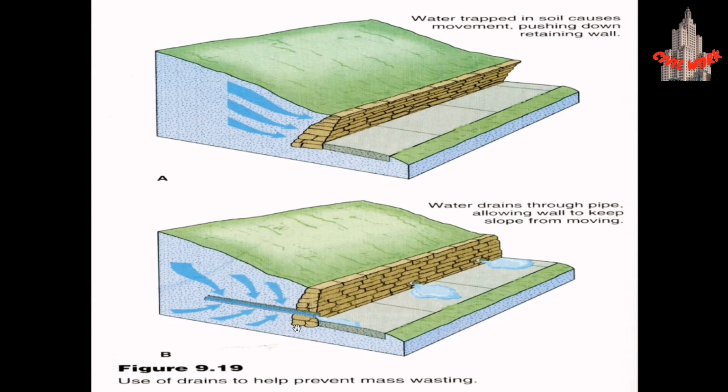But when we have proper drainage channels like this, we have less subsidence of this area, which prevents this retaining wall from collapsing on this path. Here, water trapped in the soil causes movement, which pushes down the retaining wall. Then with a proper drainage channel like this, water drains through the pipe, allowing the wall to keep the slope from moving.